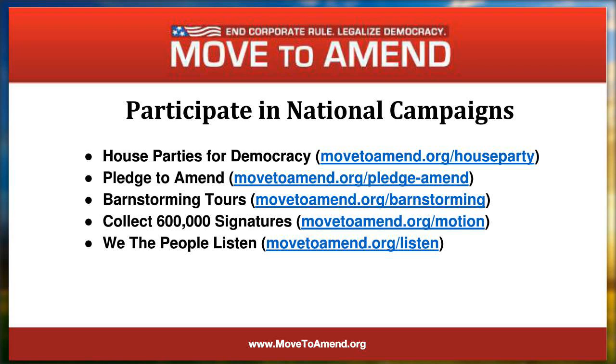One other thing we'll be having this year, some of you may remember from 2013, is the We the People Listen campaign. This is a community canvassing and listening project where Move to Amend volunteers travel through neighborhoods, going door to door to learn what's important to your community and connecting our issues with their concerns.